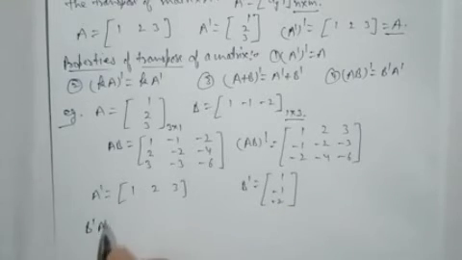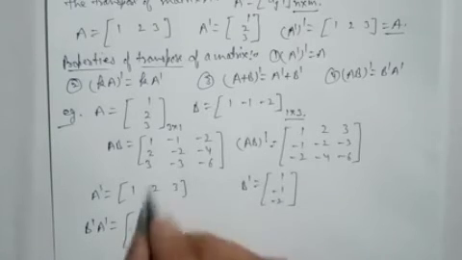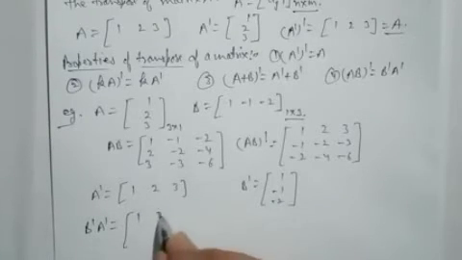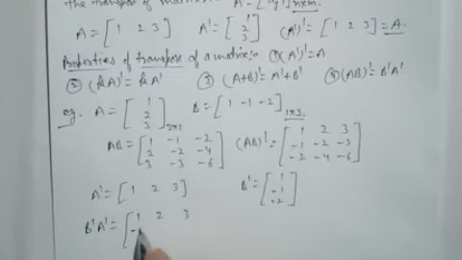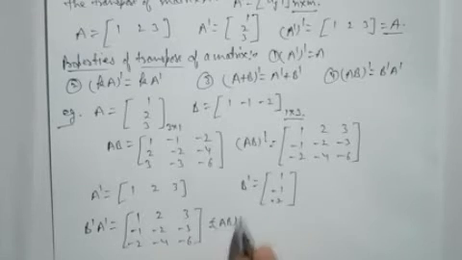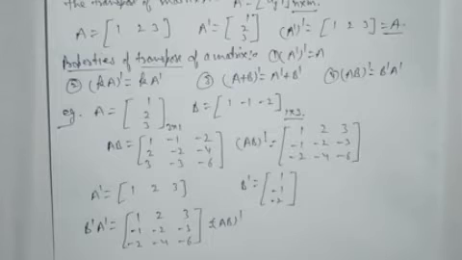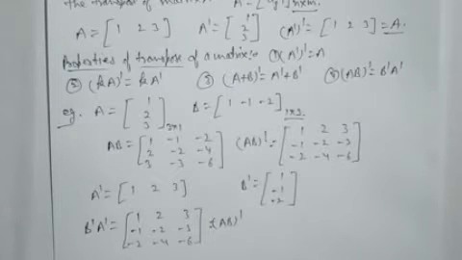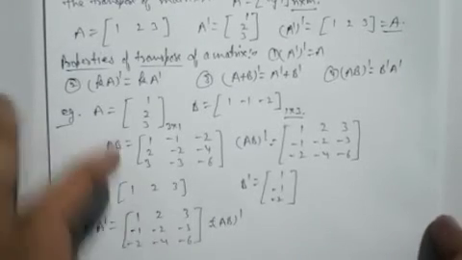Then B transpose A transpose is, first row first column: 1, 2, 3. Minus 1 minus 2 minus 3. Then minus 2 minus 4 minus 6, which is AB transpose. Clear? So in case of transpose, we multiply in reverse.